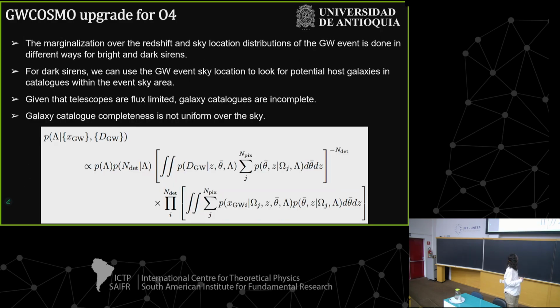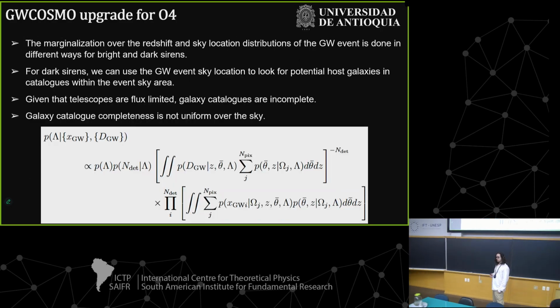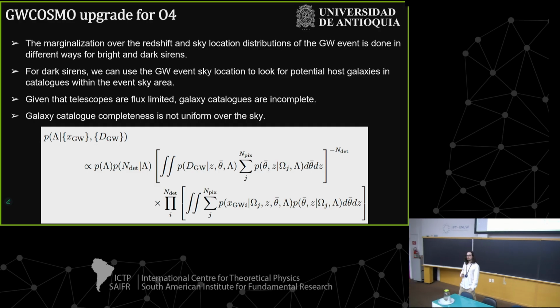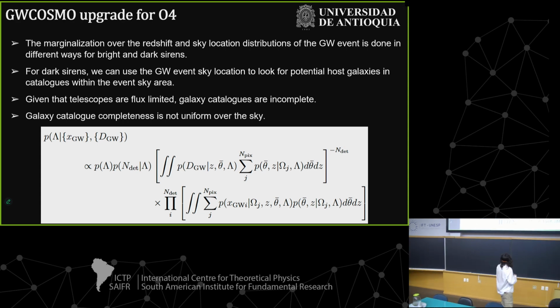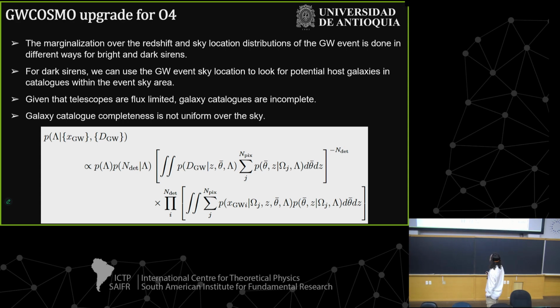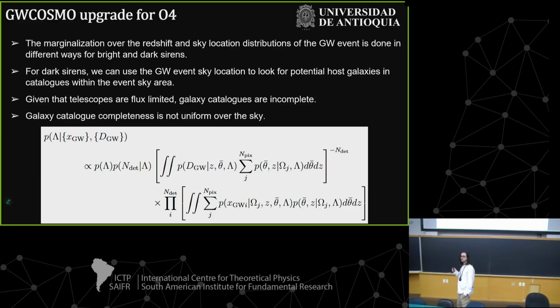Okay. So when you want to include the galaxy catalog information, you need to use the sky location of the gravitational wave signal, and also the marginalization over the redshift, because this is also an individual parameter of each event.